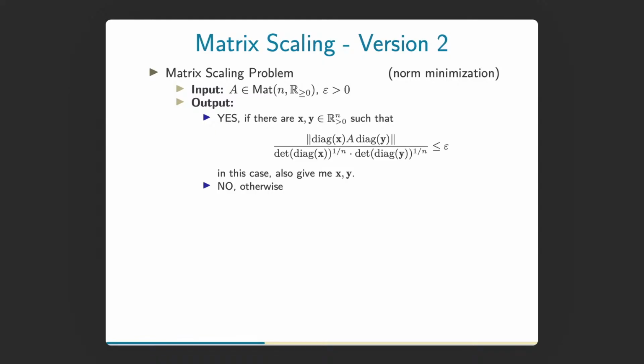All I'm saying is that if I scale my matrix by diagonal matrices of determinant 1, I want to know if the norm of this guy is going to be less than or equal to epsilon for whatever epsilon you want. If you can find a very small norm, give me the scalings. Otherwise, I'll put no. You cannot scale below epsilon. You will never have a matrix of norm less than epsilon.